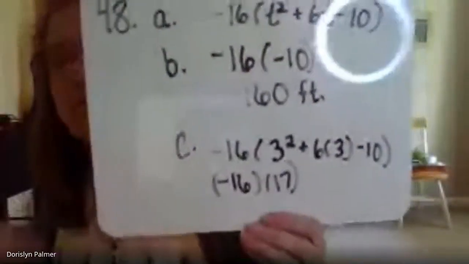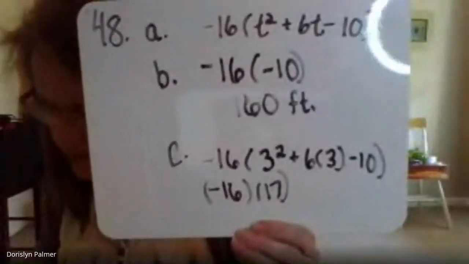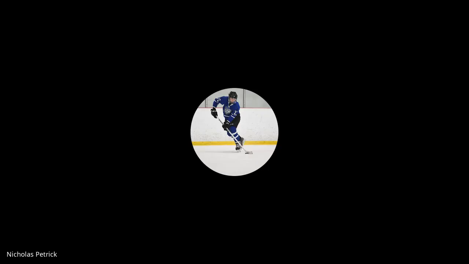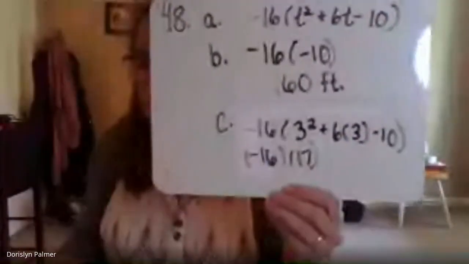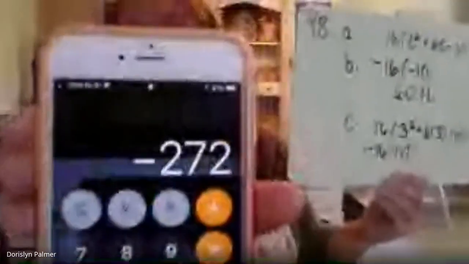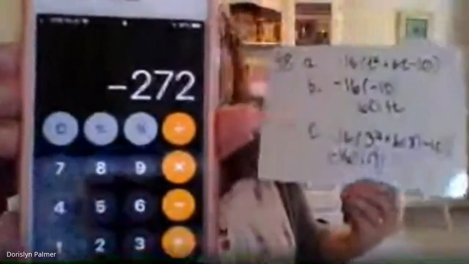I want you to multiply those together. Do you have a calculator handy, Nicholas? No. All right, I'll do it for you on my calculator. I'm getting negative 272. Okay, so after 3 seconds of falling, the rider is negative 272 feet.